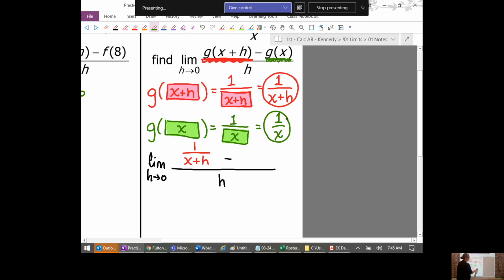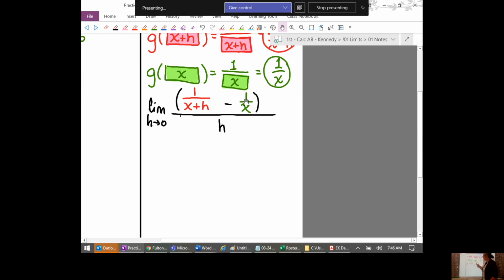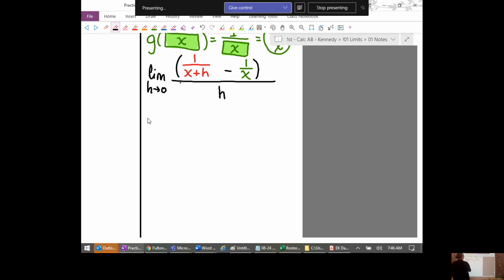We figured out earlier, but also the problem told us, g of x is 1 over x. And so now this looks like one of those fraction inside a fraction problems. I'm even going to put parentheses to make it super clear which ones are the little fractions versus the big. And I'm also just going to recopy this all in black, a little bit more smushed together so we can start doing work with it.